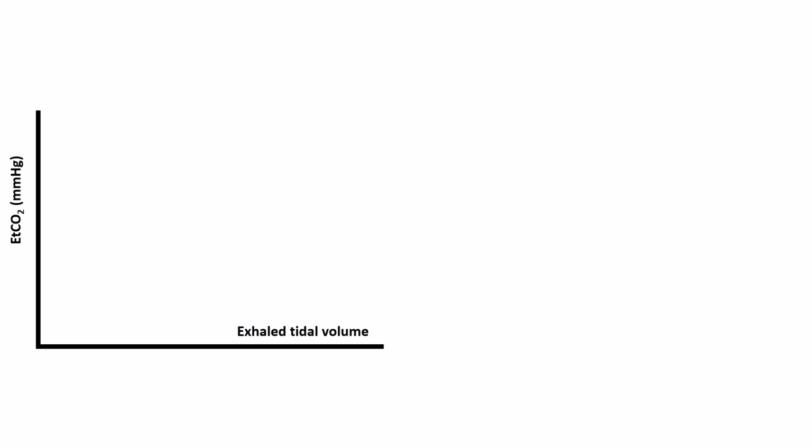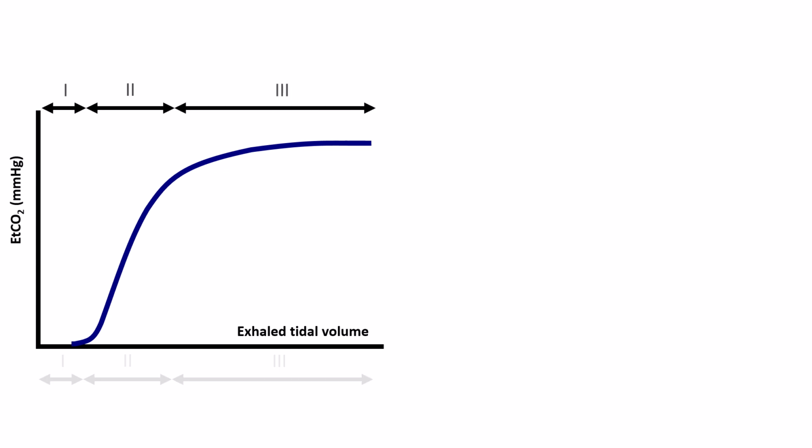The exhaled volume is plotted on the x-axis and the CO2 concentration on the y-axis. As the patient exhales, the graph progresses through three distinct phases, reflecting the composition of exhaled gases at different points in the respiratory cycle. The three phases are named phase 1, 2, and 3.